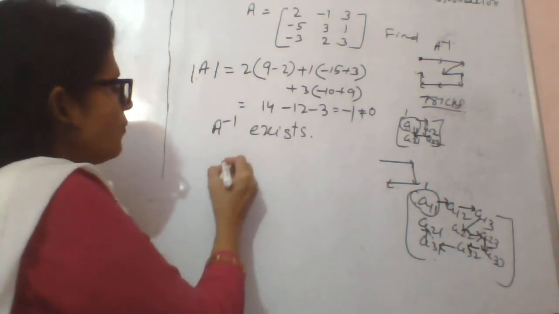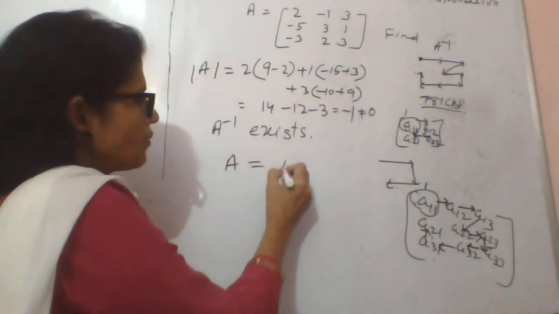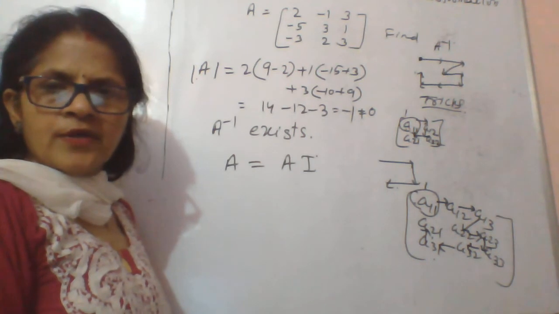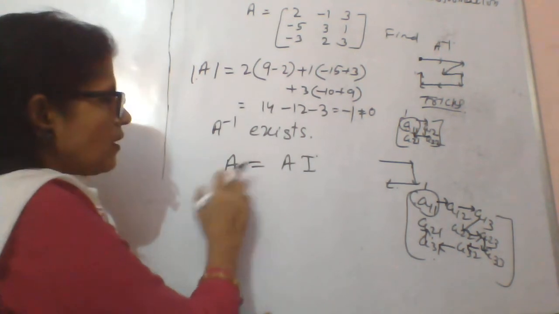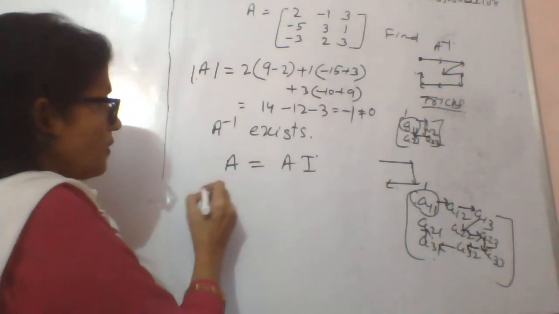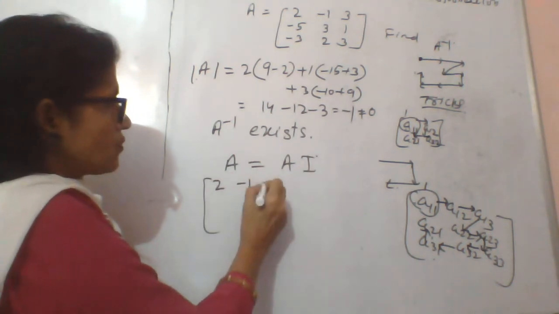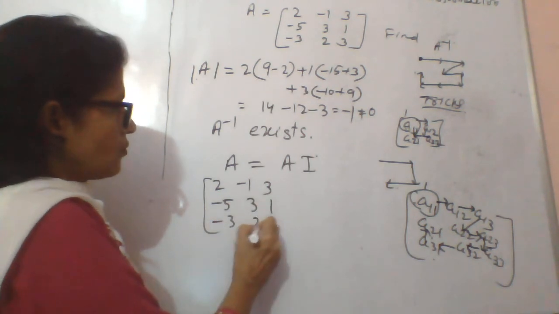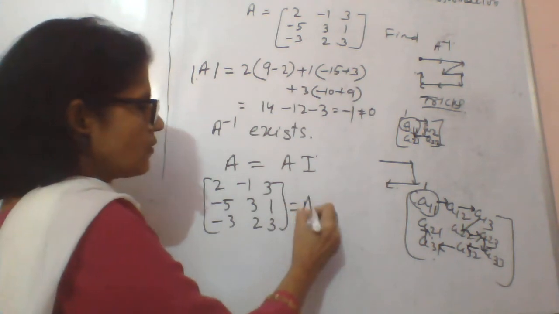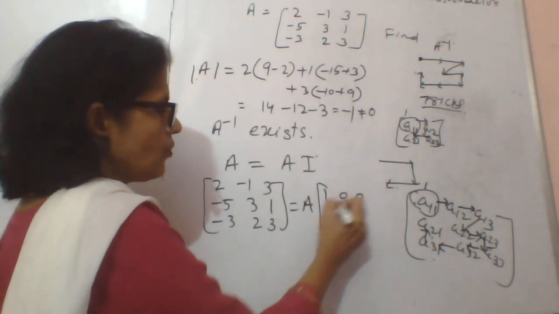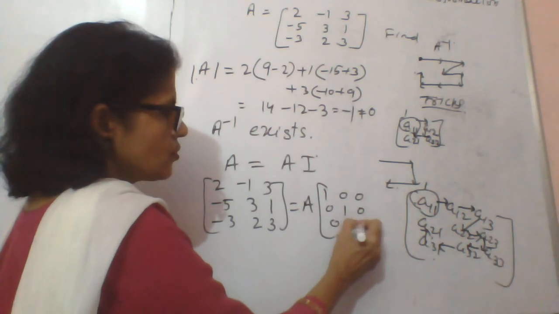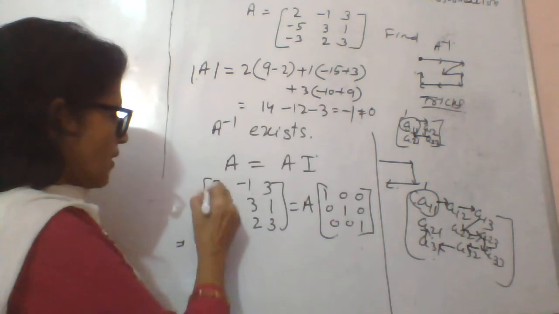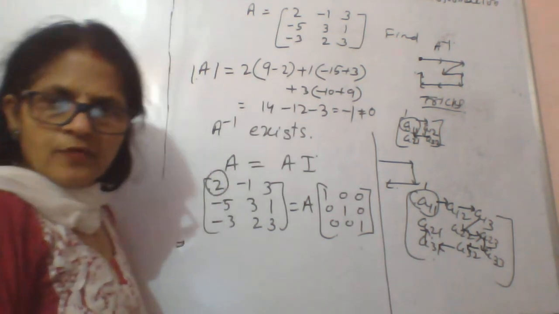Clear? Now A inverse exists, so we have to evaluate it, and of course here we are applying elementary column transformation. So write A equals A into I. That means the matrix 2 minus 1 3, minus 5 3 1, minus 3 2 3, equals A into the identity 1 0 0, 0 1 0, 0 0 1. First target is A11, we have to make it 1.